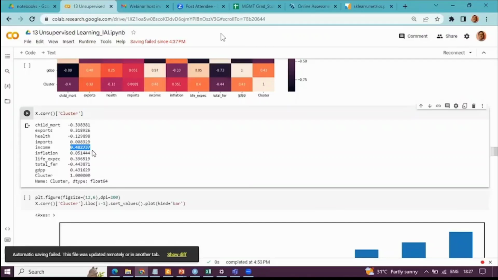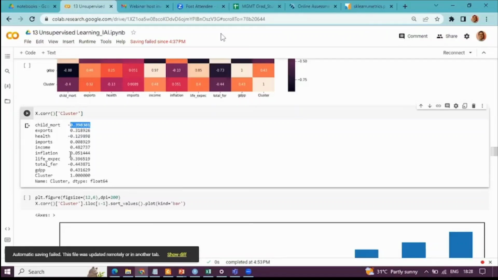So probably you could clearly see income, followed by total fertility, followed by GDP, and probably followed by child mortality. So these four are the most important variables in doing the classification, the clustering across the countries.